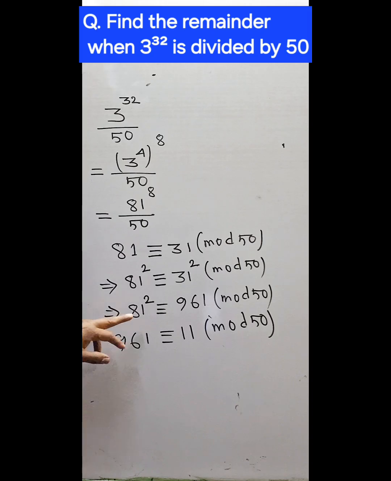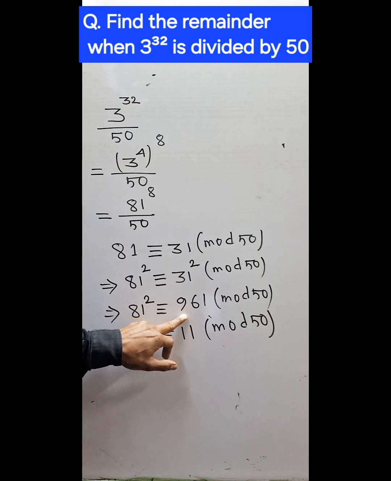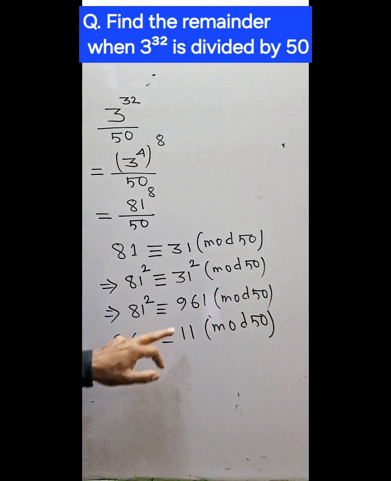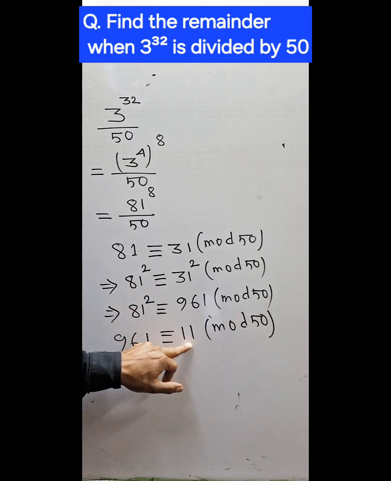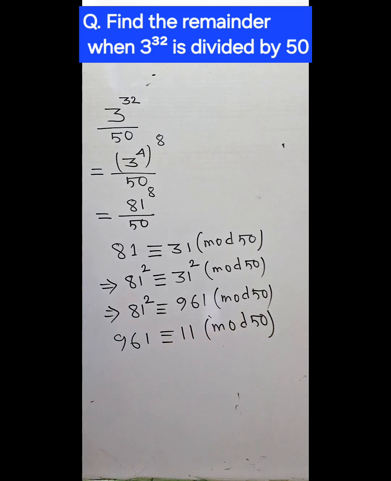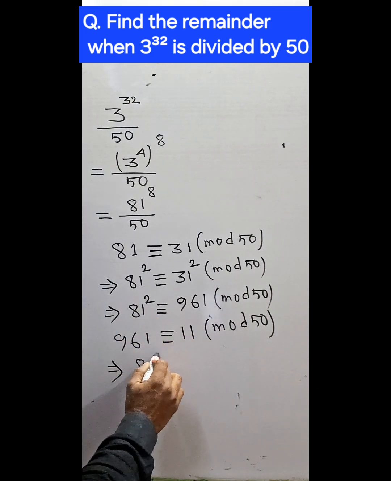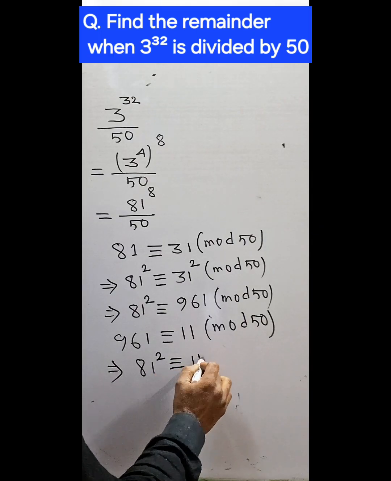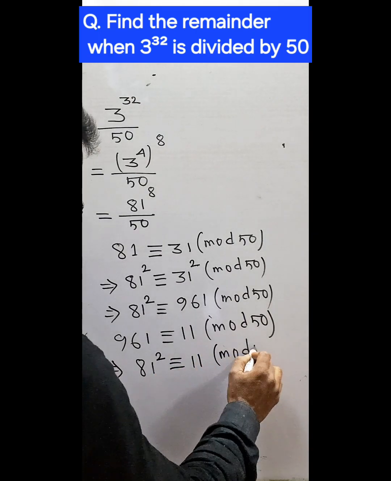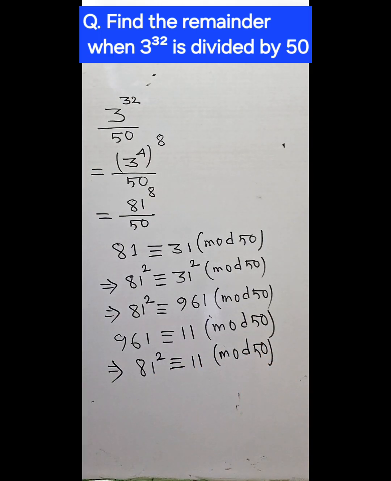So congruence relation is an equivalence relation. Then 81 squared is congruent to 961 modulo 50. Again 961 is congruent to 11 modulo 50. Then from these two, we can say 81 squared is congruent to 11 modulo 50.